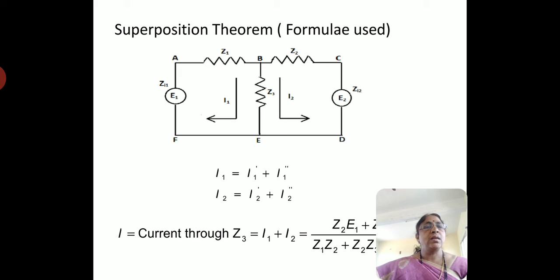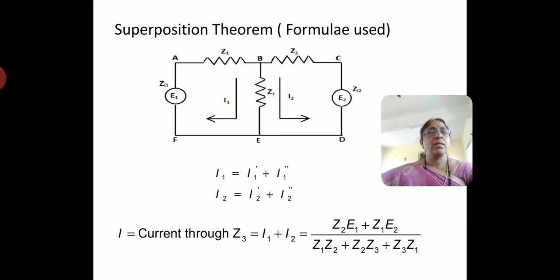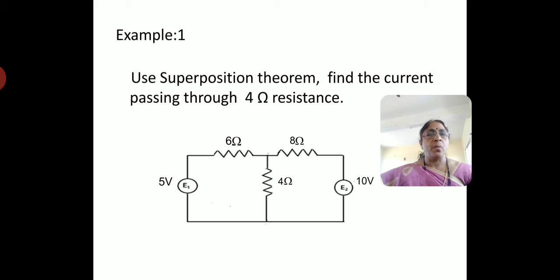I2 dash is the current in the second mesh due to E1 and I2 double dash is the current in the same second mesh due to E2. After adding I1 plus I2, we get Z2 E1 plus Z1 E2 divided by Z1 Z2 plus Z2 Z3 plus Z3 Z1. So using this formula, we solve some problems.